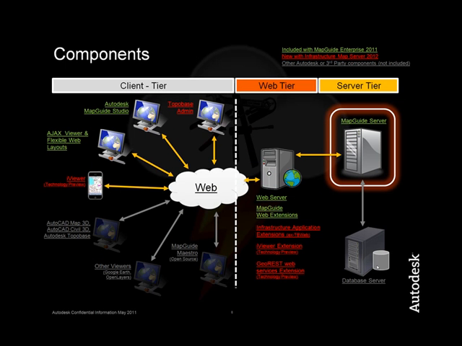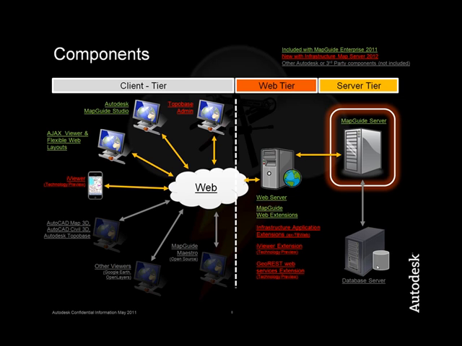Firstly, let's have a quick look at the various components that make up the extended MapGuide Enterprise environment. At the client tier, users can access the infrastructure data via different types of viewers, including Ajax Viewer, Fusion Viewer, and iViewer. Autodesk MapGuide Studio, or MapGuide Maestro for the open source option, is a tool for authoring.